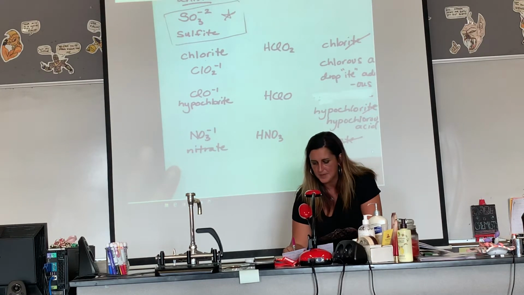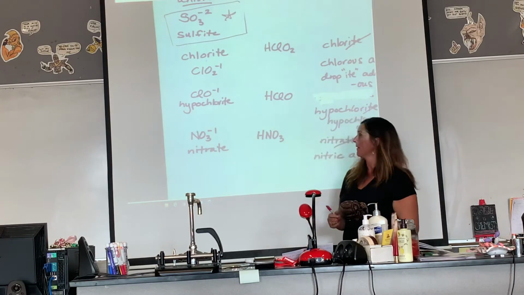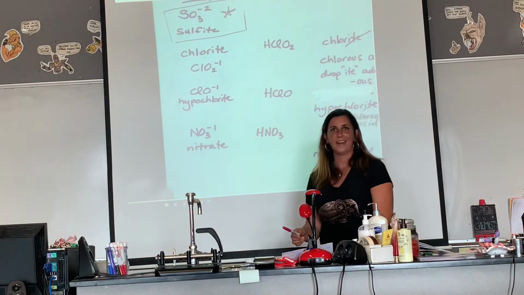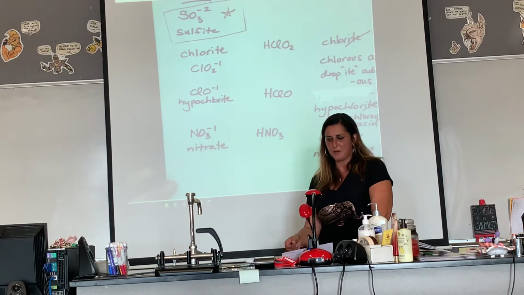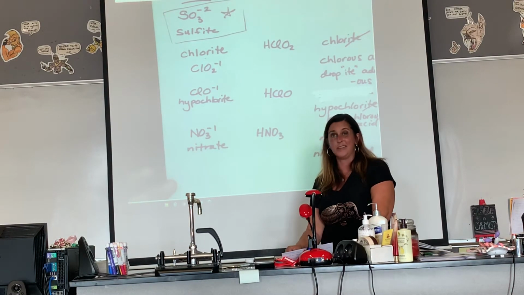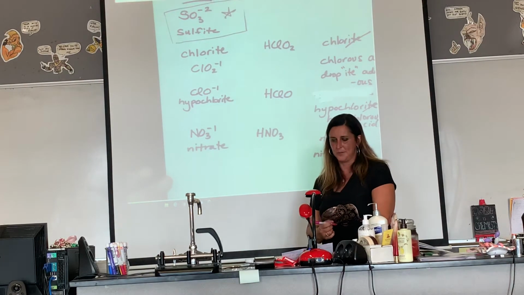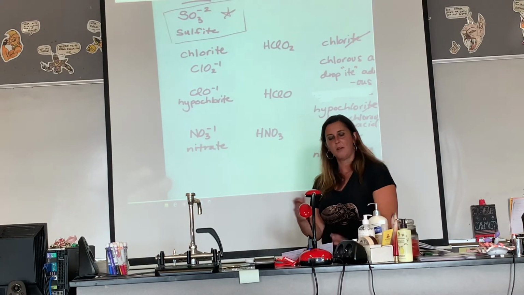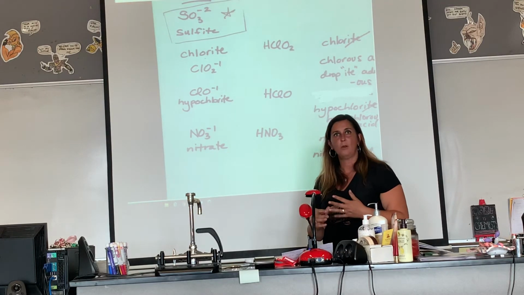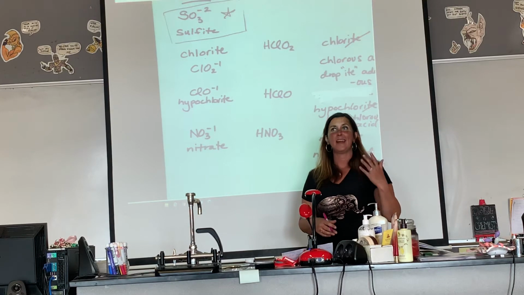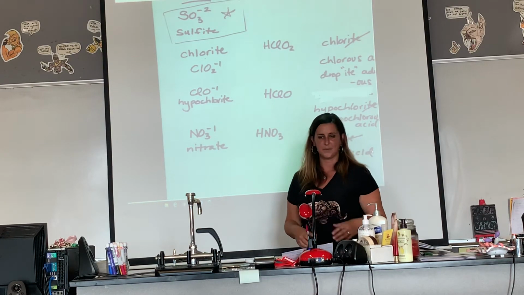So this becomes nitric acid. I always remember this as if I ate too much, then I feel icky. That's just a little trick of the trade. So ide becomes hydro-ic, ite becomes us, ate becomes ic acid.